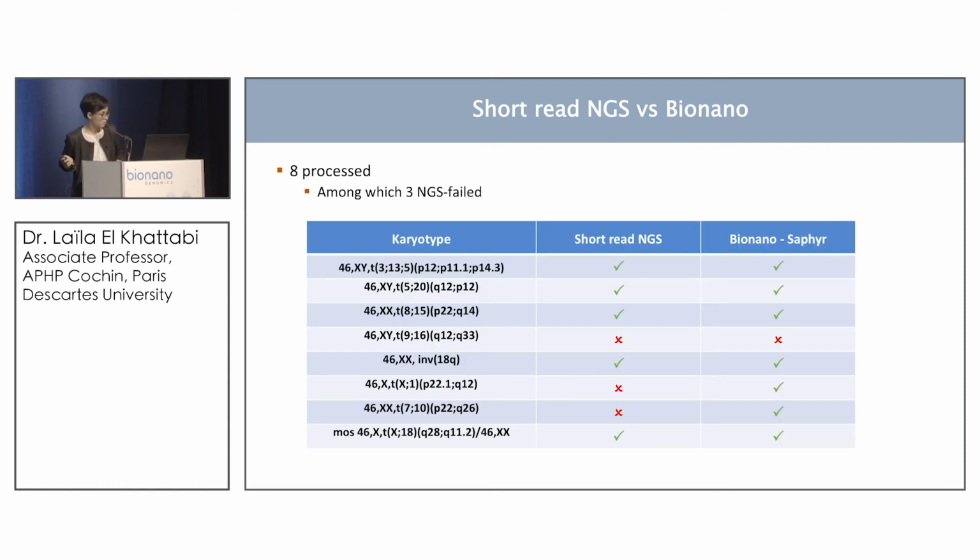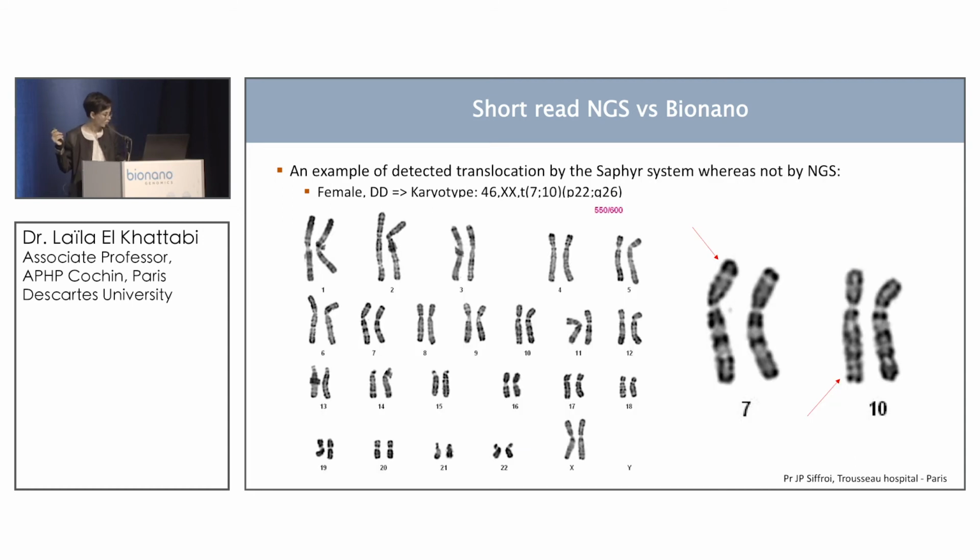For now, I have the results for 8 of these, and as you see, these are the different translocations, one inversion, among which the 3 that failed to be located by NGS. With Bionano, we could detect and locate the breakpoint for 2 more compared to NGS, and the others as well.